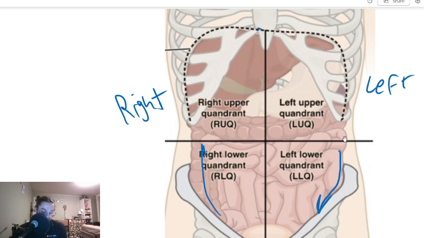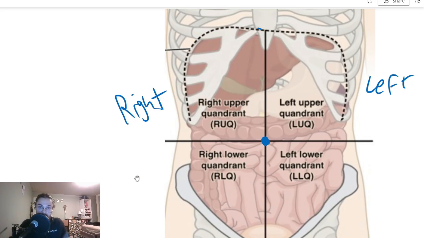This is your hepatic flexure right here, just a little extra for you. So anyways, you've got these 4 quadrants, and they meet right here at the umbilicus, or your belly button.